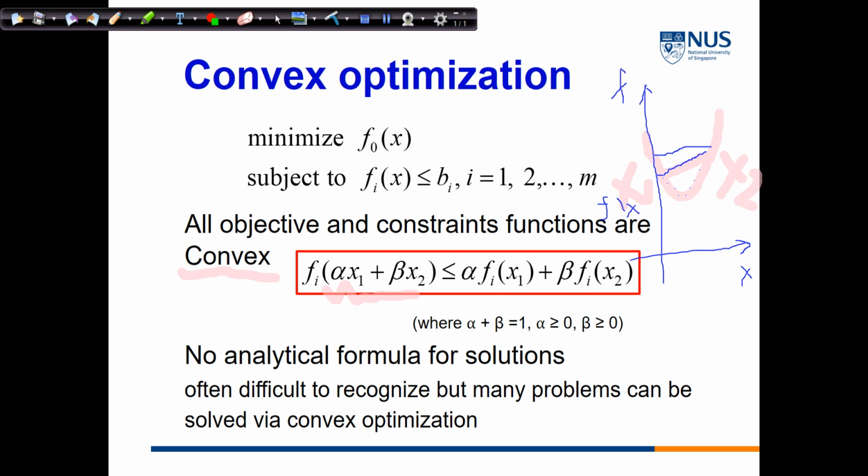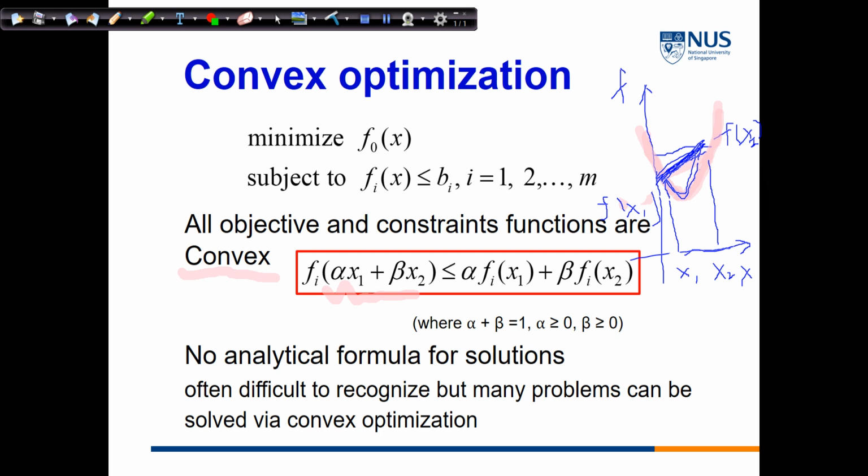The combination of f(x1) and f(x2), weighted by alpha and beta, lies on this line, and the f value of the point in between is the function value here. So if the function value of alpha x1 plus beta x2 is always smaller than or equal to the combination of the two function values, comparing these two curves at each point, it means this is a convex function.